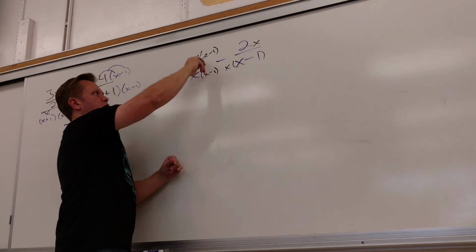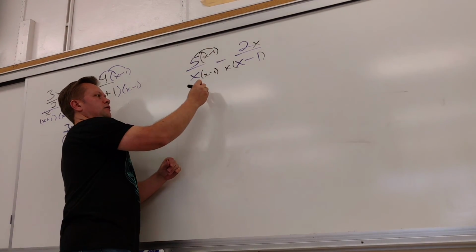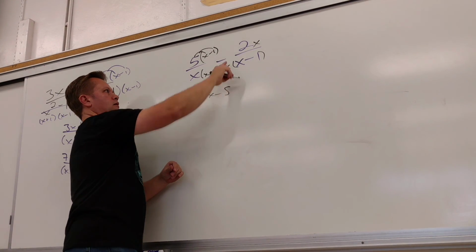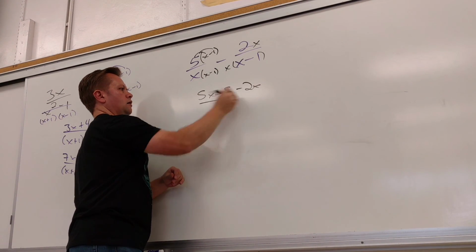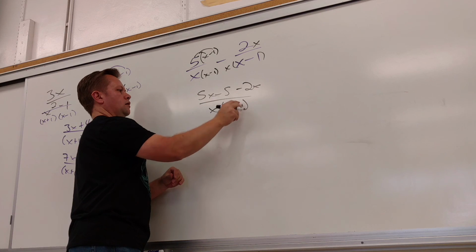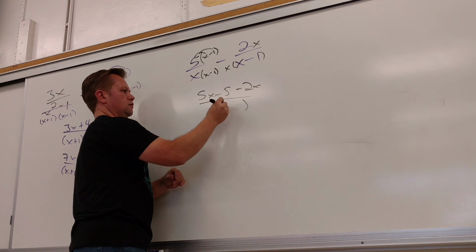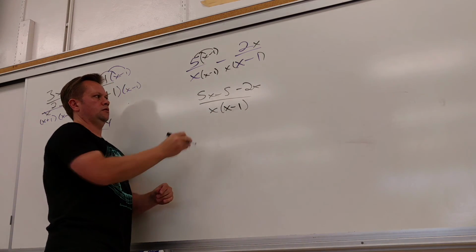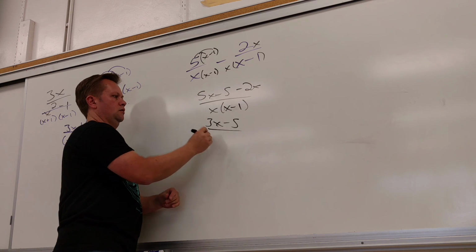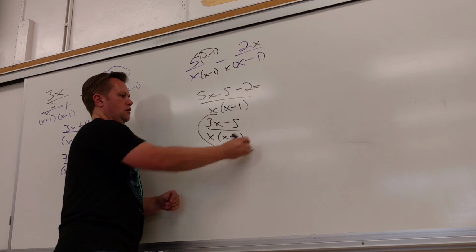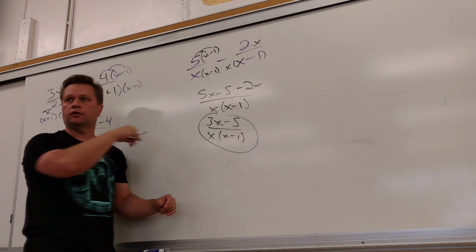And then you just do all you do. What do you get here? 5x minus 5, minus 2x, becomes 3x minus 5. And we know we're done because you can't factor that, so nothing can cancel.